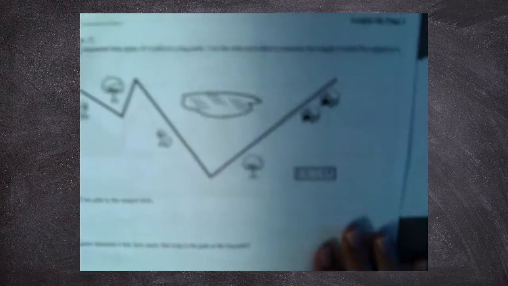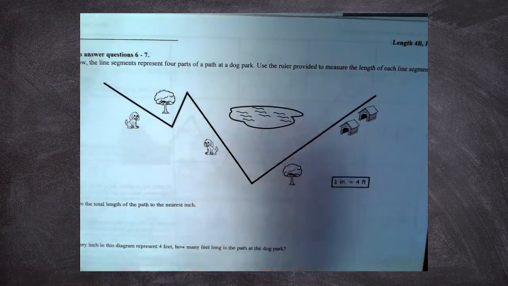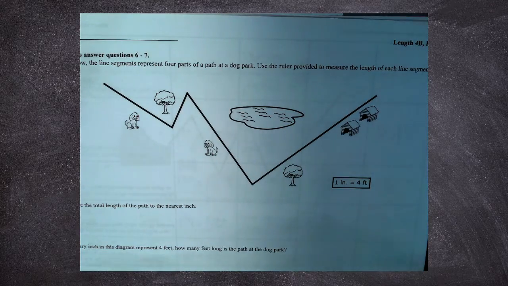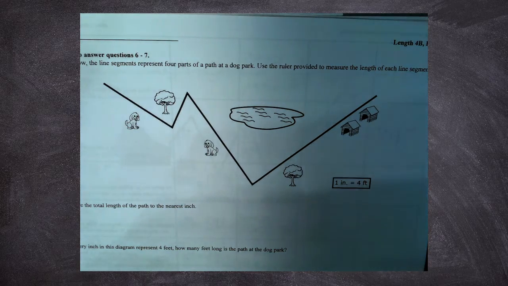Okay, this next problem looks kind of familiar. Looks like something we did yesterday. So for this next one, we're going to need to grab our rulers because we're going to do a little measuring. In the diagram below, the line segments represent 4 parts of a path at a dog park.